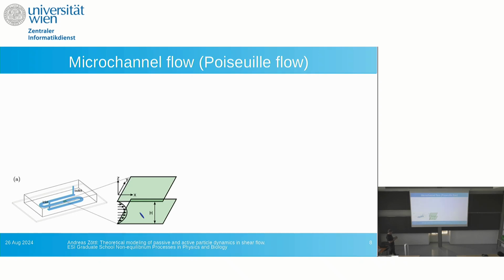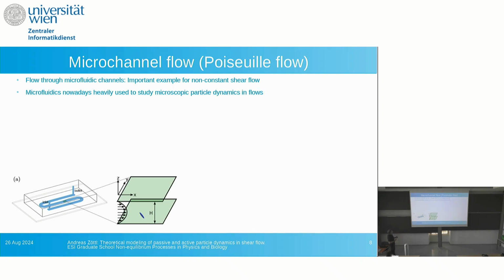When you have microchannel flows, for example, you have this quadratic profile. So you have some inlet and outlet flow, and when this channel is much wider than higher, then you have essentially, away from the sidewalls, a planar Poiseuille flow.